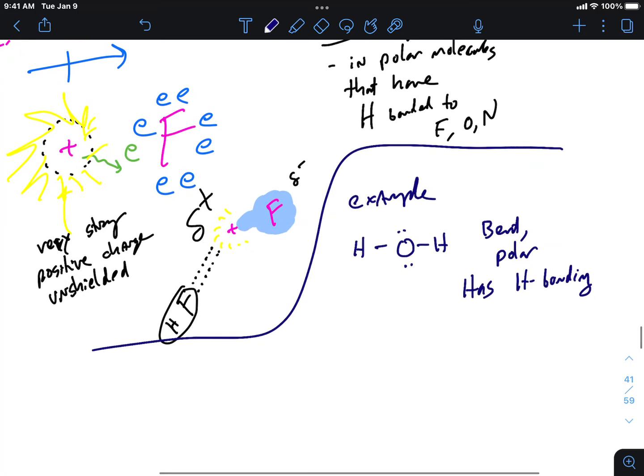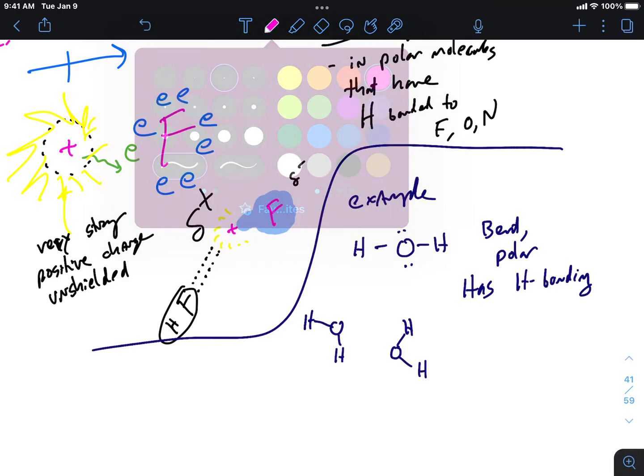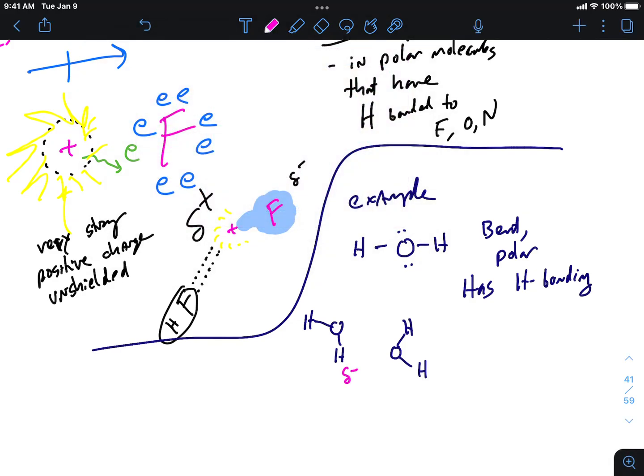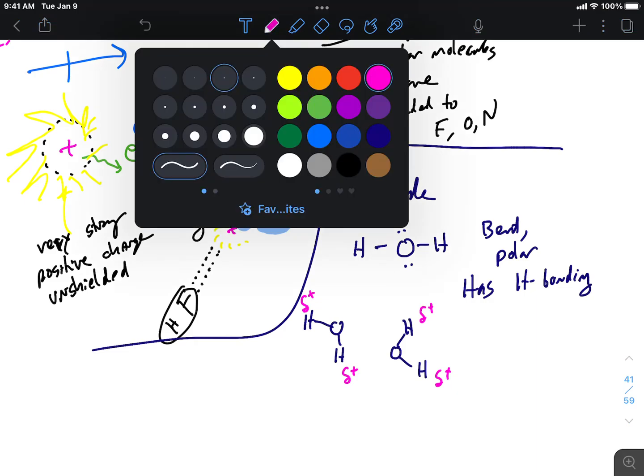What does hydrogen bonding look like? It looks like this. And this is important to understanding. Hydrogen bonding is the attraction between the negative side of the molecule and the positive side of the molecule, which basically means it's between the oxygen.